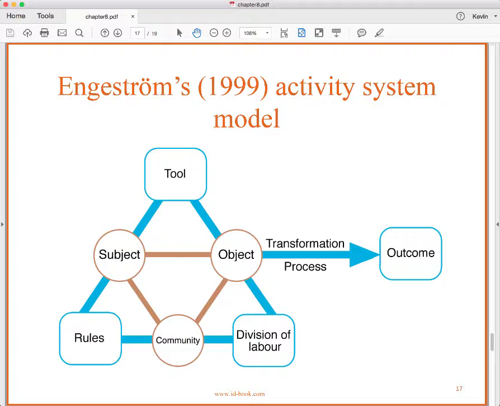So I find this activity-based approach both really appealing and somewhat disappointing as well.